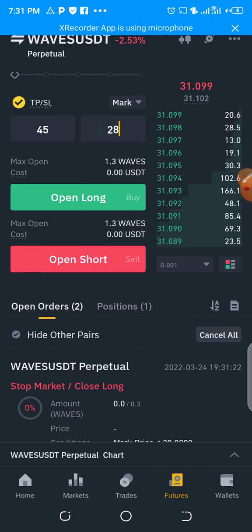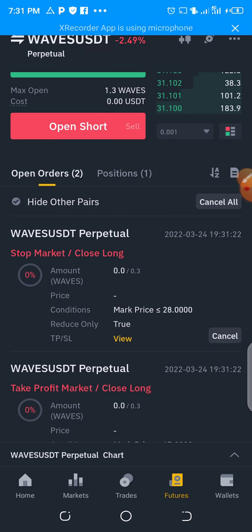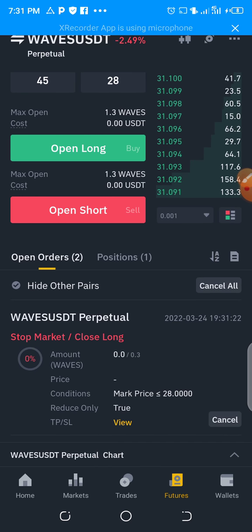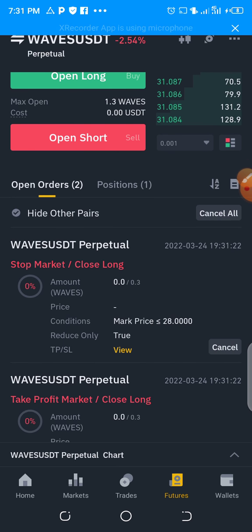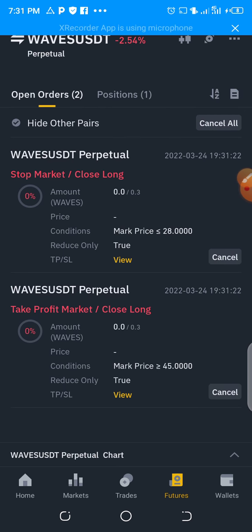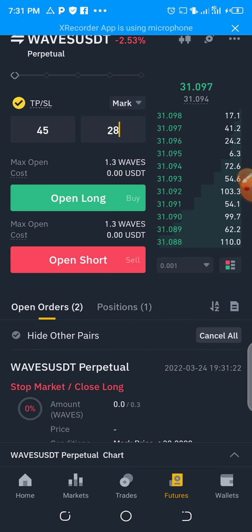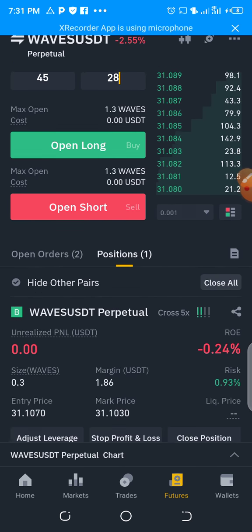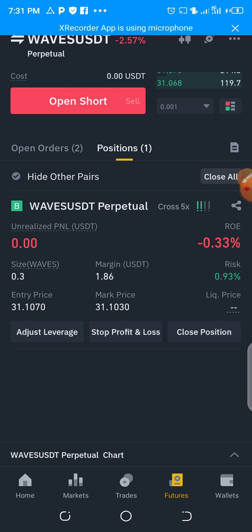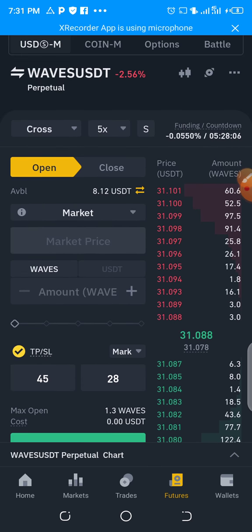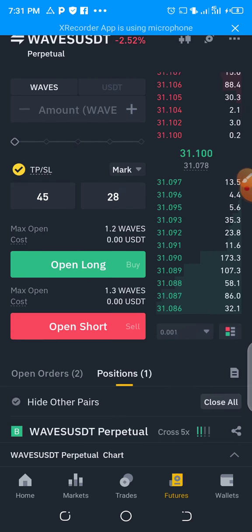So success. If you look at my open orders, my open orders have taken a position. This is the market price. I've already entered a trade. And if you look at it very well, because I entered at market price, immediately the trade was executed.